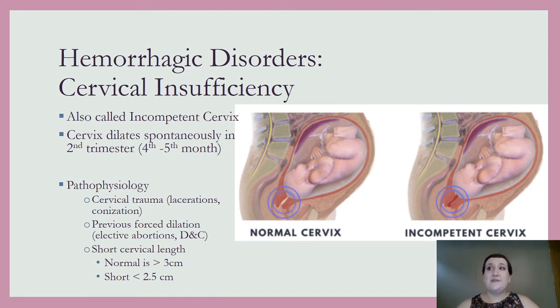A forced previous dilation, so things like an elective abortion or a previous D&C where the provider has to use that instrument. It looks like a long, funnel-shaped, cone-shaped instrument in which the provider, with the woman being sedated, manually opens that cervix. Well, if that cervix has been forced open in the past, when it's not designed to be opened or not ready to be opened per se, then that cervix could potentially be weaker.